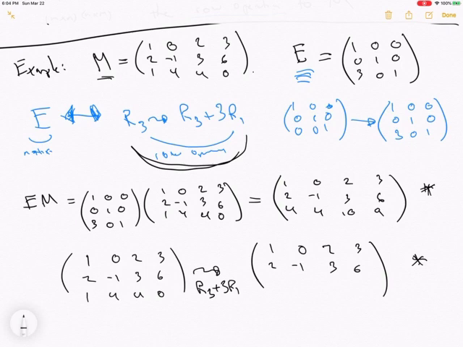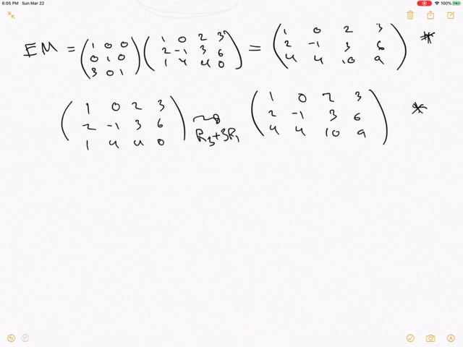And now we're doing row 3 plus 3 row 1, so you're doing 1 plus 3 times 1 gives you 4. You're doing 4 plus 3 times 0 is still 4. Doing 4 plus 3 times 2, that's 4 plus 6 is 10. And you're doing 0 plus 3 times 3 is 9. So these, of course, are the same.